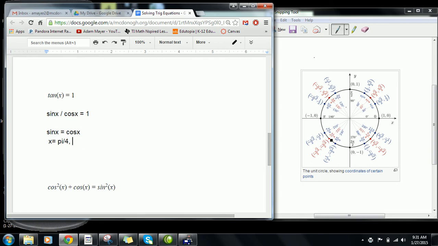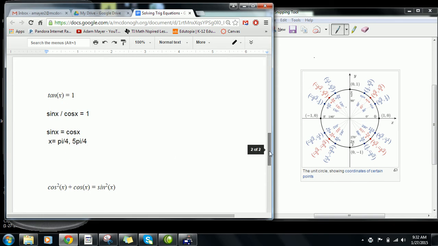So here's my 5 pi over 4. Here cosine of x is negative root 2 over 2, and the sine of x is negative root 2 over 2 as well. Cosine of x equals sine of x when x equals 5 pi over 4. So that's a particular problem for which you can just reason through, I think. There are other ways to do it, but I think that's the easiest.